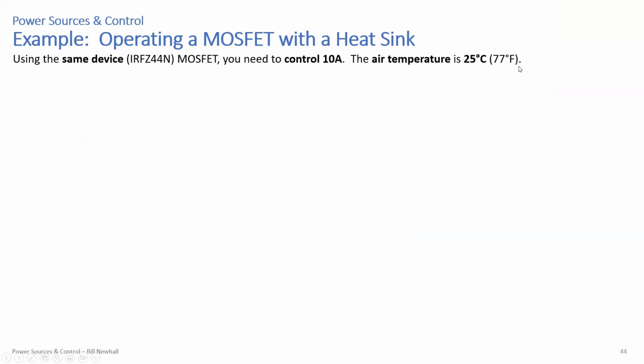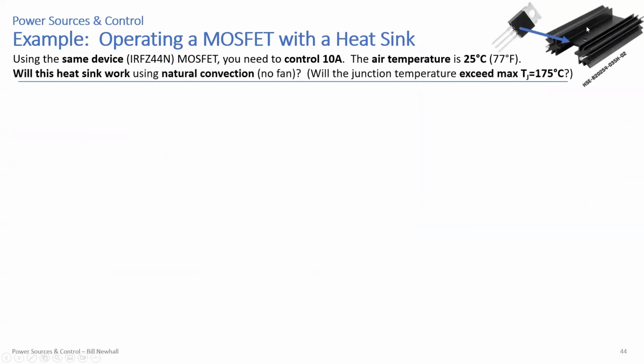And you're operating in an air temperature, roughly room temperature, 25 C. And so you want to know, this heat sink that you found online, will this heat sink work using natural convection, no forced air? And the real question is, will the junction temperature using this heat sink exceed 175 C?